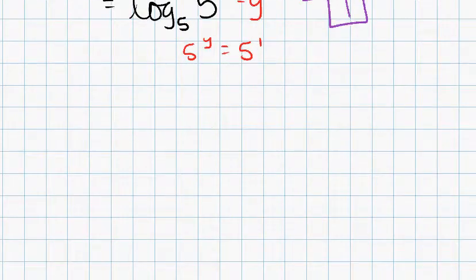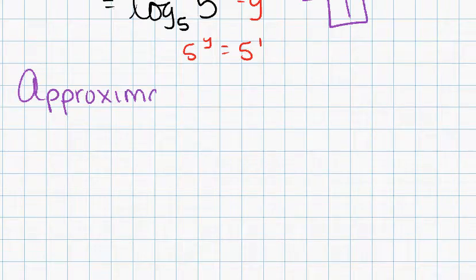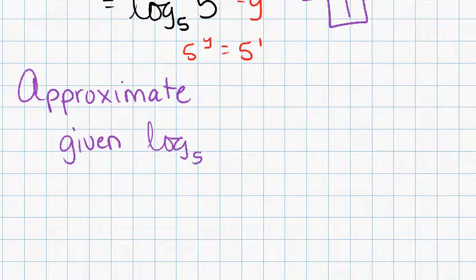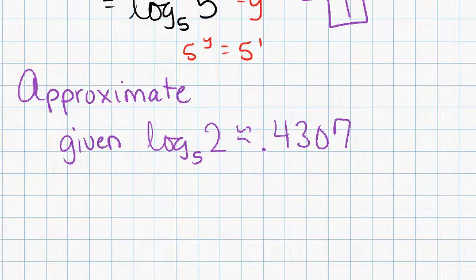So now we are going to do some math with the properties. We're going to approximate given the following information. So these are the givens for this particular batch of problems. In the textbook, they will give you different givens for different problems. Make sure you read the instructions for each one.